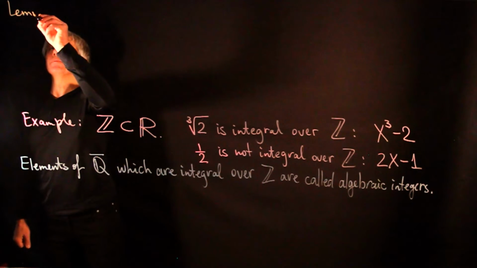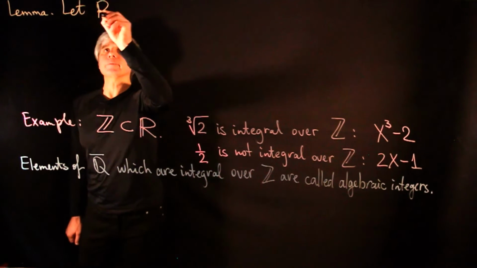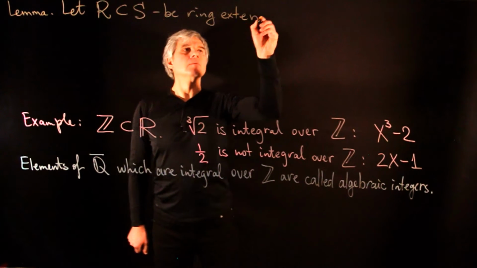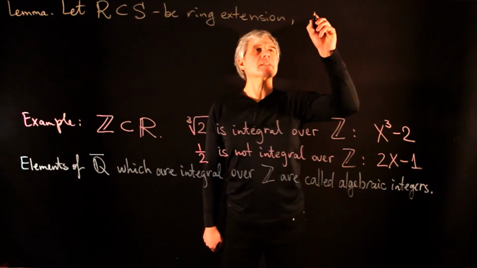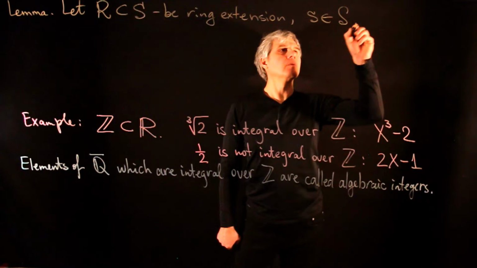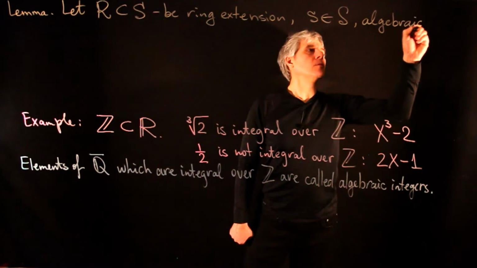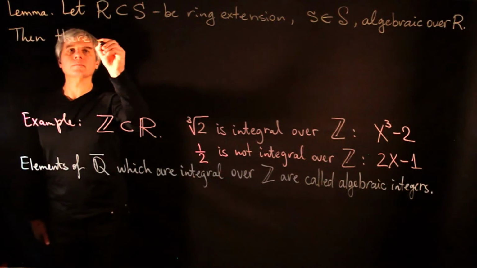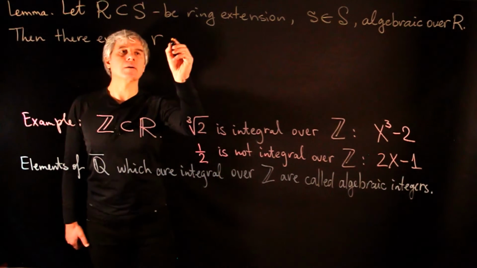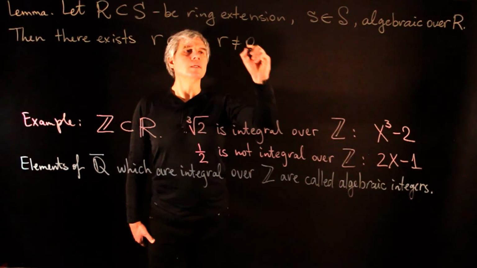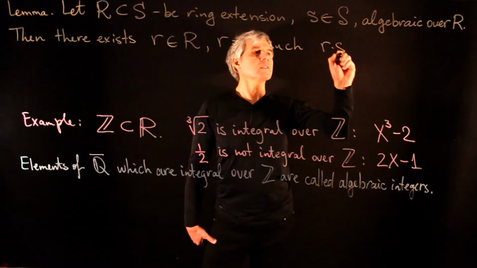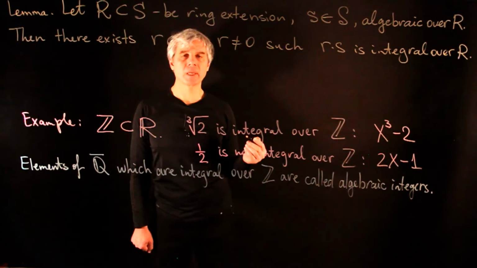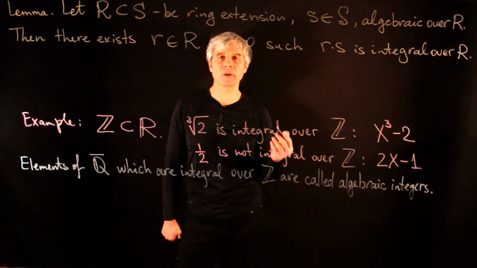We have the following lemma. Let S be an extension of a ring R and let s be an element in S which is algebraic over R. Then there exists an element r in the ring R which is non-zero such that r times s is integral over R. This lemma is the analog of clearing denominators in rational numbers.